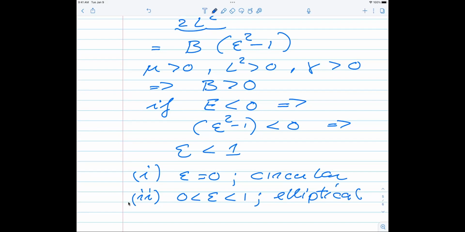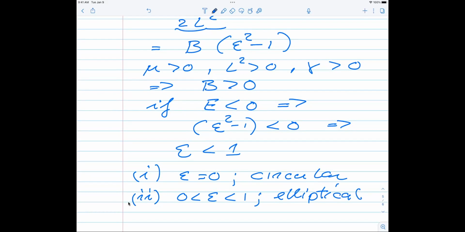So we see now that we can link the value of this parameter epsilon, which we got from the solution of the differential equation, with the type of energy. And this is going to be a bounded motion because you will move either in a circle or in an ellipse. I mean, for the Earth, this epsilon is 0.08 something, so it's a pretty small number. So it's pretty close to 0.